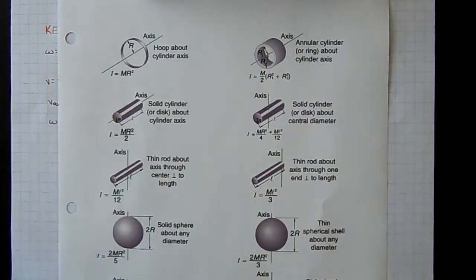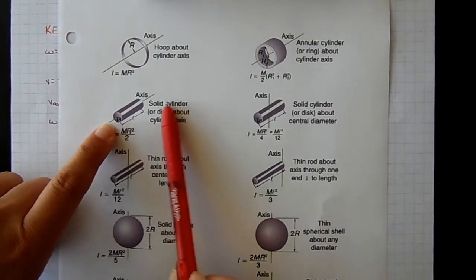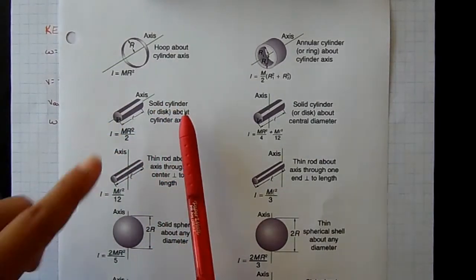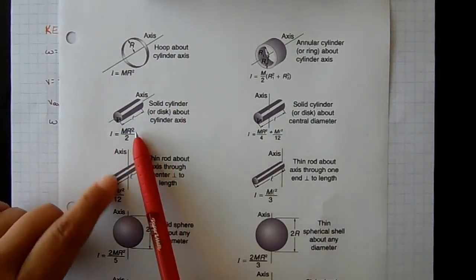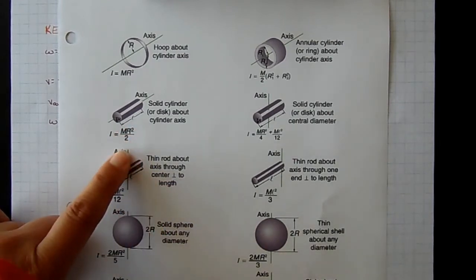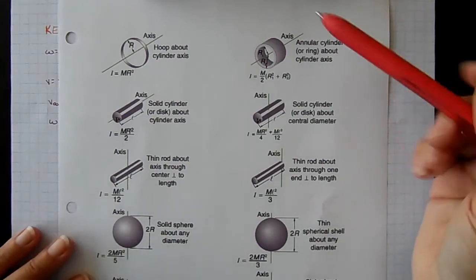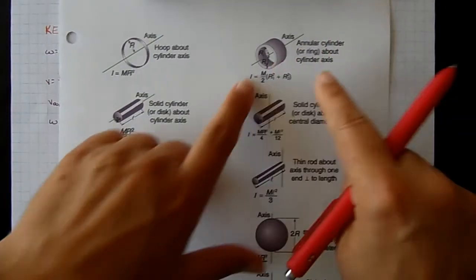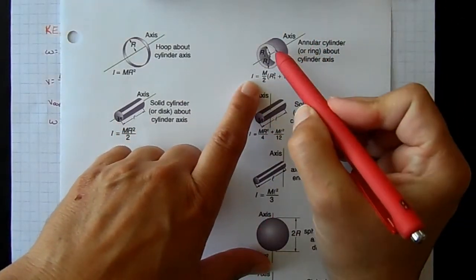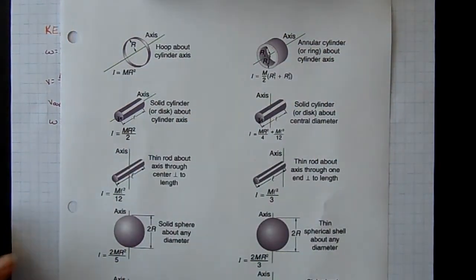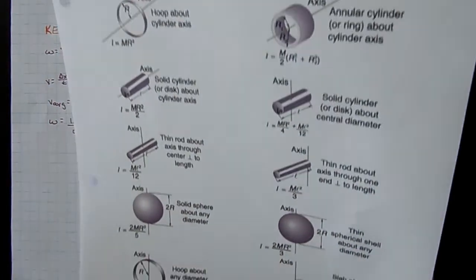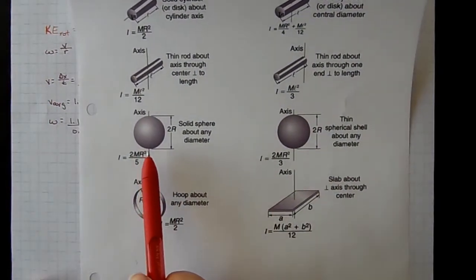If you had a solid inside your can, you would use the solid cylinder about the axis. So you would use this equation. If you used a roll of tape, so say you had some duct tape and you rolled that down your incline, you would use this one. You have to account for the fact that there's a thicker ring over here. You might have rolled a ball.